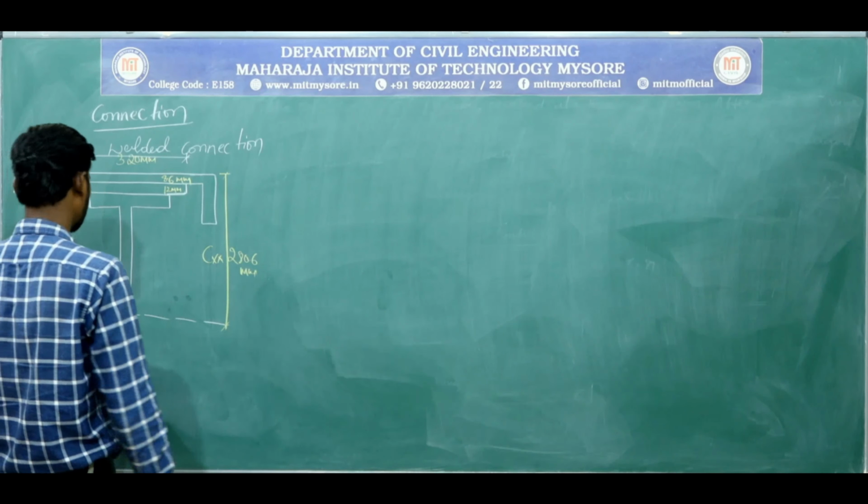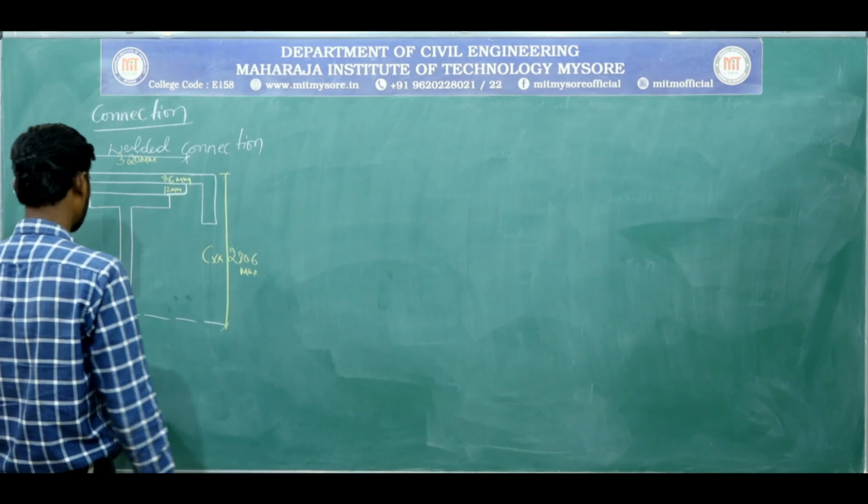equals area of channel section, that is 6293, multiplied by Y bar, that is 280.6 minus what is the CXX distance for this channel section.